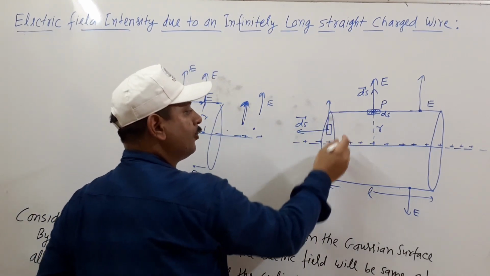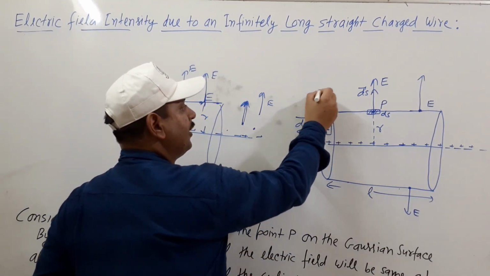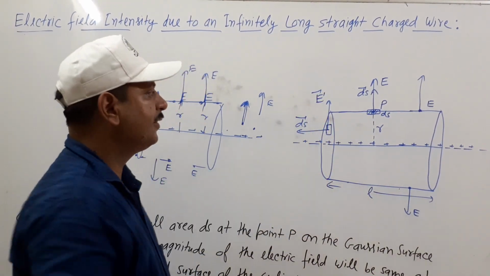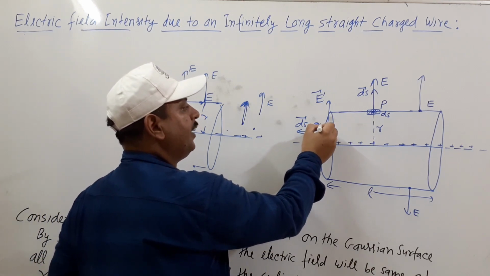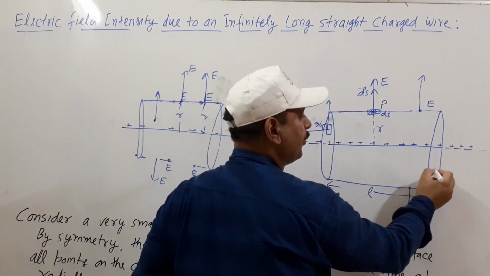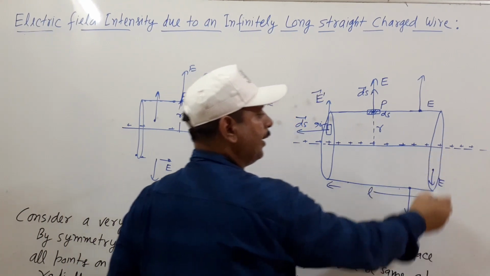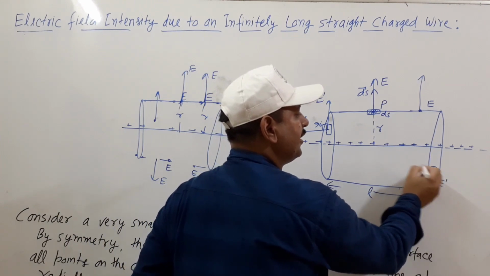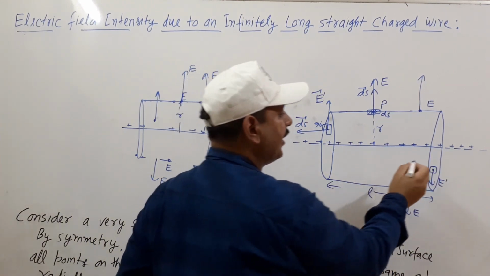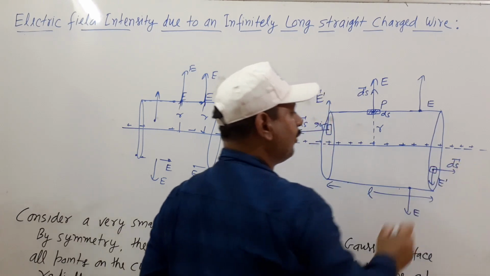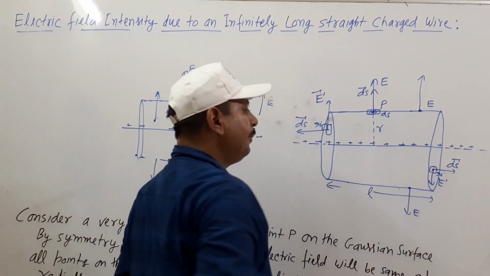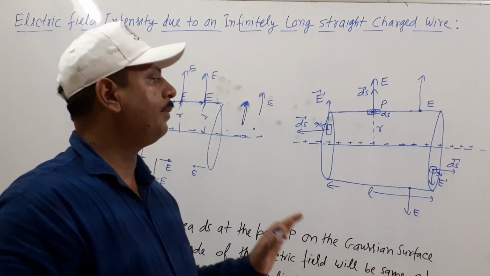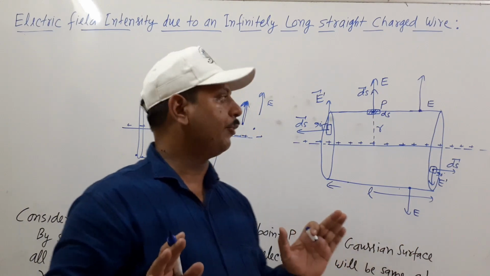If you will see any point on the plane surface, this E and ds will be perpendicular to each other. Here also the electric field will be radially outward, E dash suppose magnitude, and you have considered any surface here ds, so the angle between this electric field intensity and ds will be 90 degree, or perpendicular to each other.